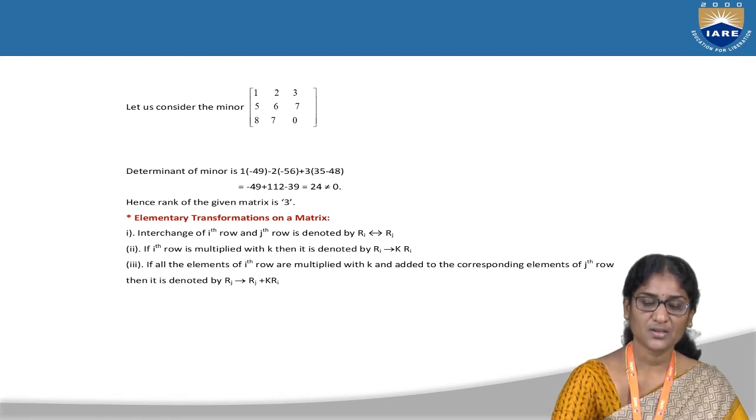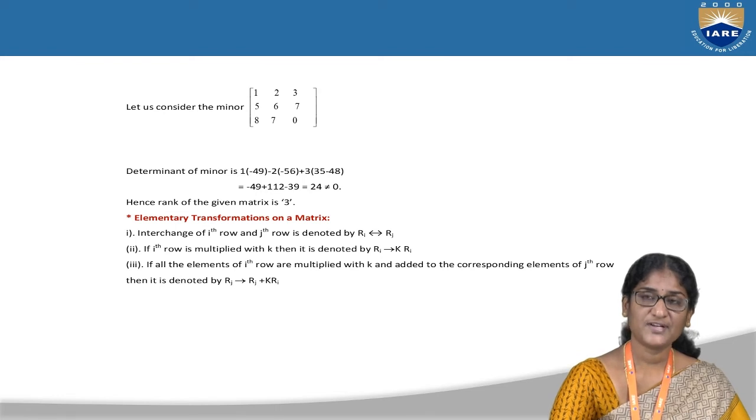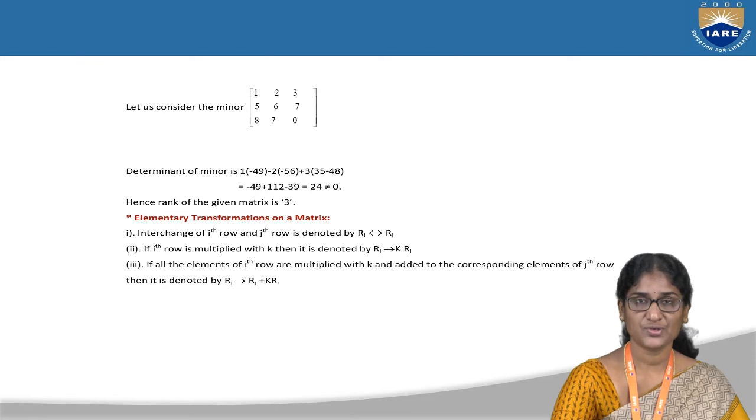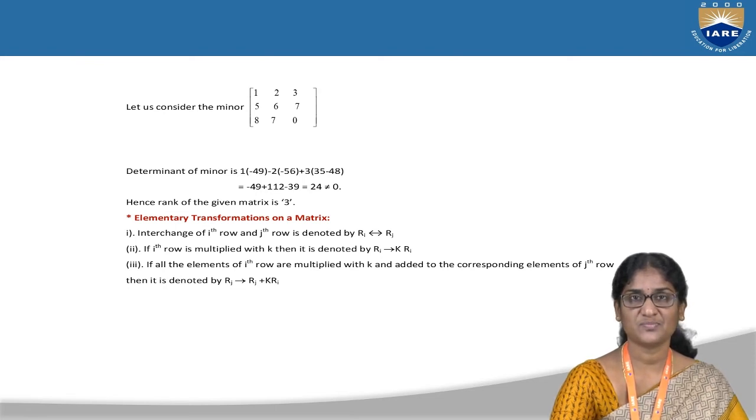Now, finding the determinant every time is not always possible. If the matrix is a square matrix, it's easy for you to calculate. Suppose the matrix is a 2 into 2 matrix, we can find the determinant very easily. If it is a 3 into 3 matrix, somehow you can find it. If it is a 4 into 4 matrix, we still struggle to get the determinant.